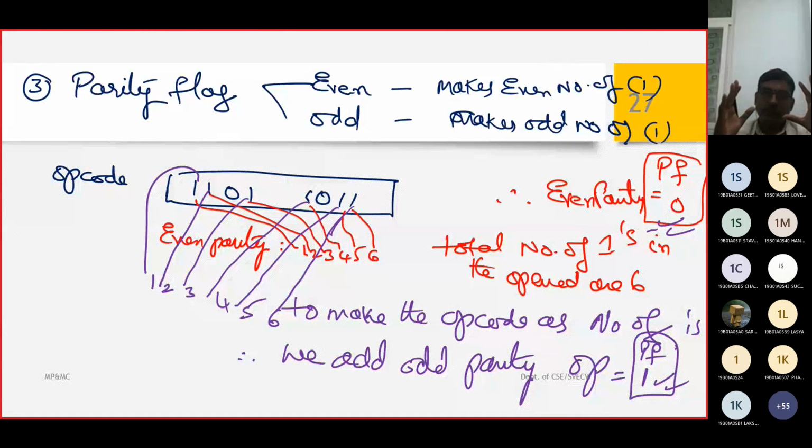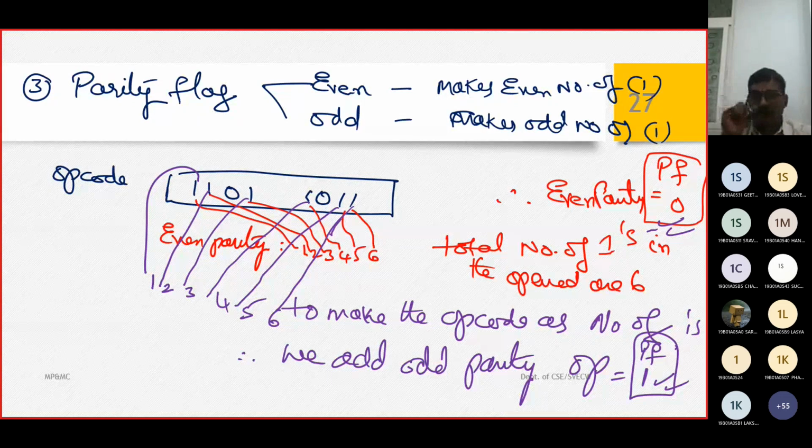The opcode is there, and the CPU will tell whether to follow the even parity model or the odd parity model.